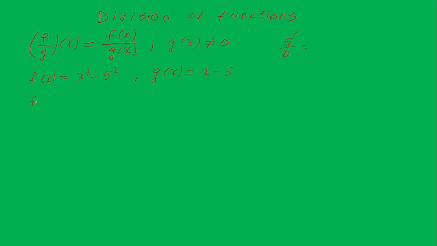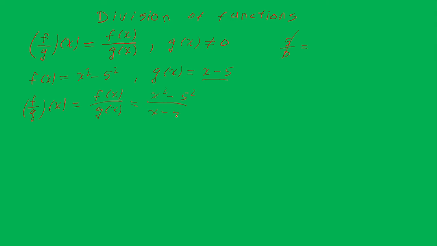So f over g of x is equal to f of x, so I'm just copying the formula, over g of x. And then our f of x is given, and it's equal to x squared minus 5 squared. And then g of x is also given, and it's equal to x minus 5 right there.